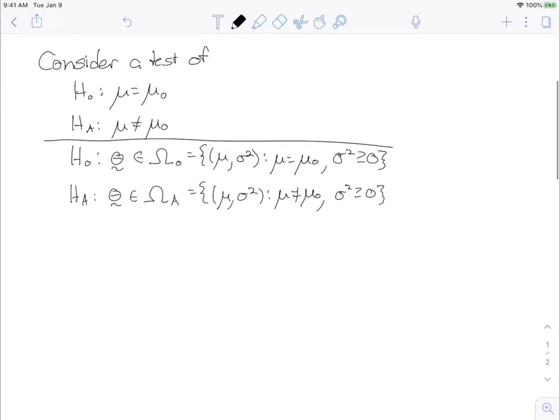So the generalized likelihood ratio statistic is just like the likelihood ratio statistic, but what do you do with it if your alternative hypothesis doesn't specify a single value, but specifies a whole set of possible values? Maybe I should start by reminding us of the likelihood ratio statistic.